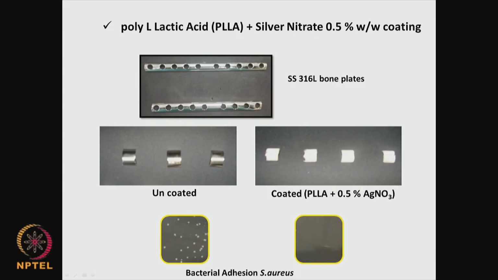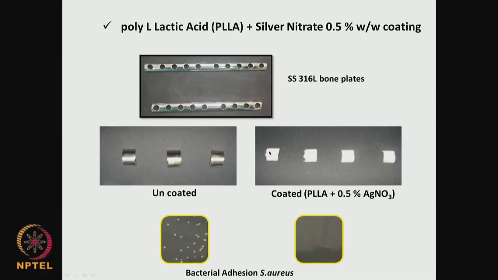So, that was our idea, and as you can see here, these are uncoated material, this is after coating with the poly L lactic acid. Okay. So, the lactic acid can have two forms, the D and the L form, okay.